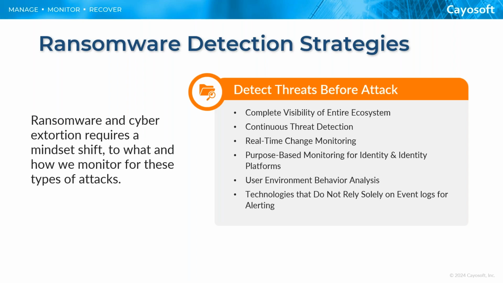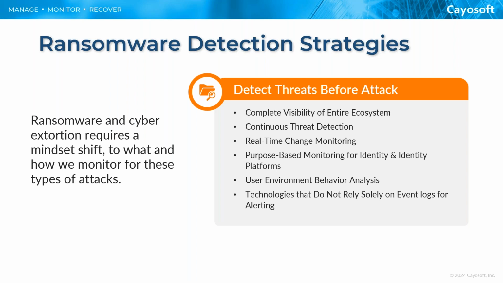User environment behavior analysis. So if an account that has never created accounts is now creating accounts, that's suspicious activity. We need to be able to detect those types of activities and alert our team so that they can quickly get in front of this before it turns into something much worse.